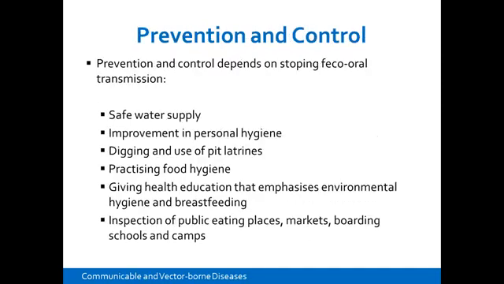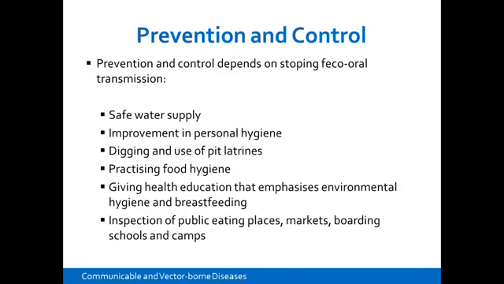Now prevention and control is basically the same thing we've been talking about for fecal conditions. Safe water supply. Then we improve personal hygiene, use of pit latrines, also food hygiene. Then health education on environmental hygiene, and also breastfeeding, especially for mothers who have young kids.